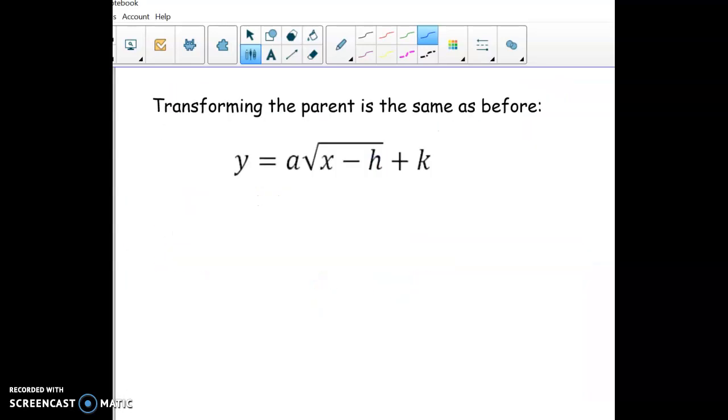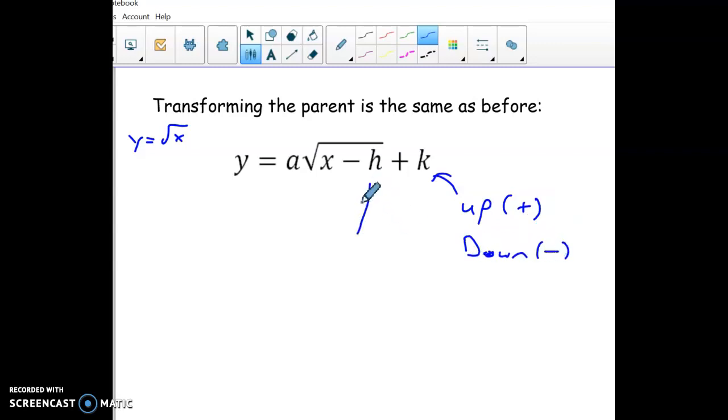Okay, so pause the video here. This is a square root function transformed. This would be the parent of square root x, but it wouldn't matter if it's cube root, the same thing applies. See if you remember what a, h, and k are. How does each change the function? Pause the video. All right, so we've done this a bunch before. k makes it go up if it's positive, and down if negative, shifting however many units.